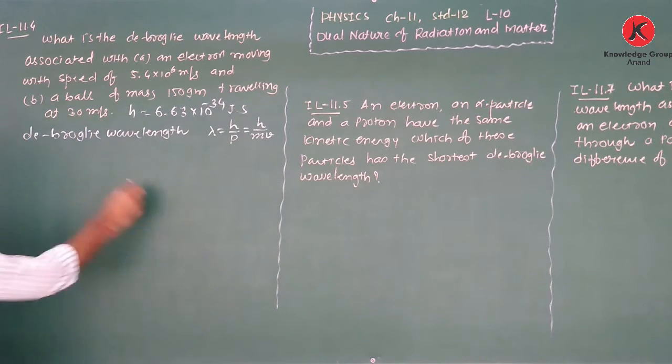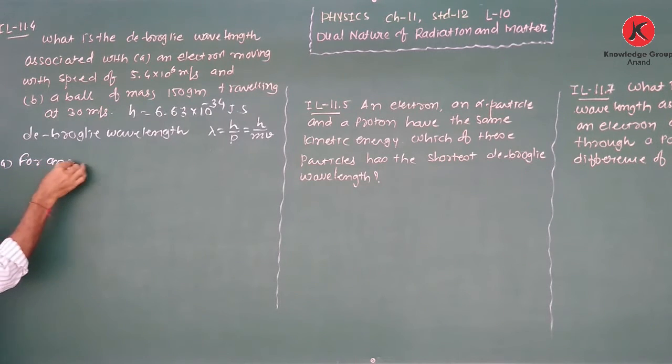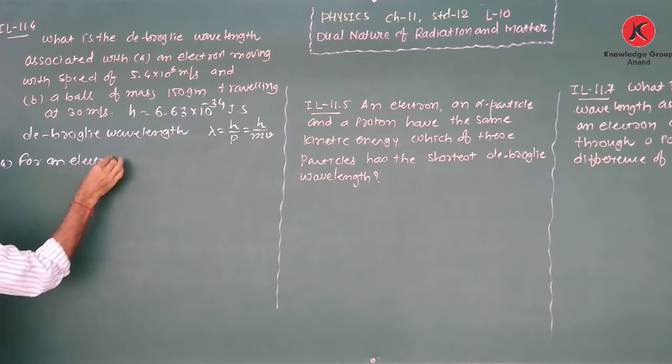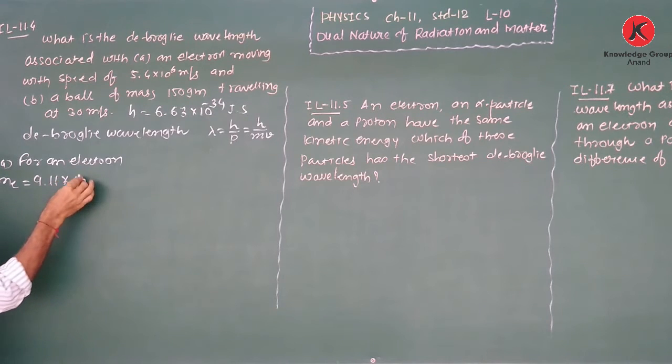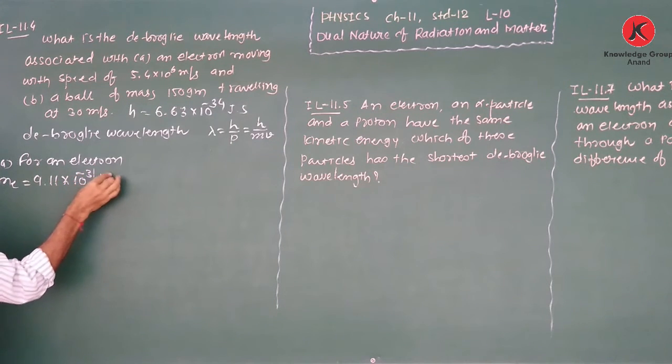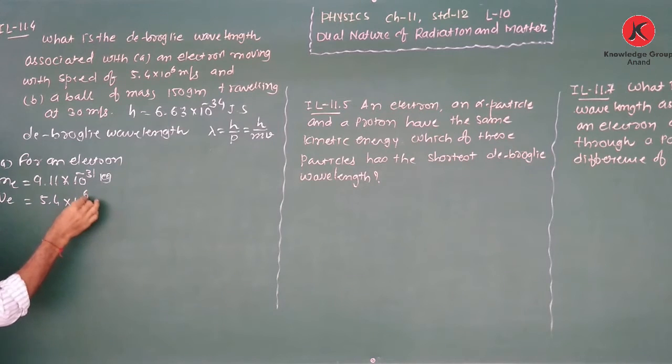Okay. For first part A, for an electron, mass of an electron m_e is 9.11 into 10 is to minus 31 kg. Now, speed of an electron v_e is given 5.4 into 10 is to 6 meter per second.